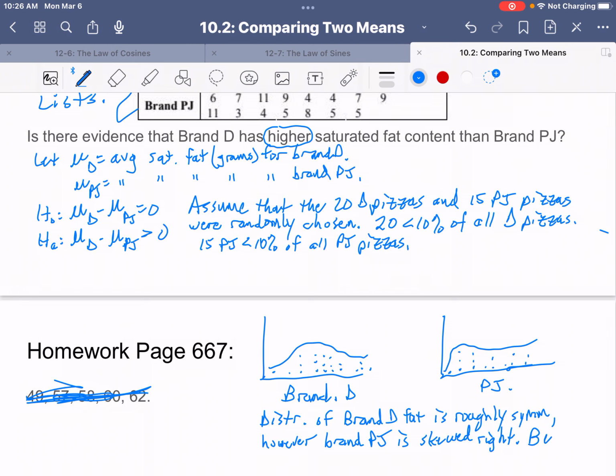So I'm going to be cautious in inferring from the two sample t-test. In other words, I'm noting that one of the conditions for Papa John's brand PJ has technically not been met. Make sure you point that out.